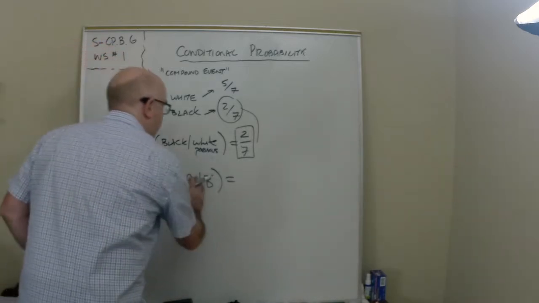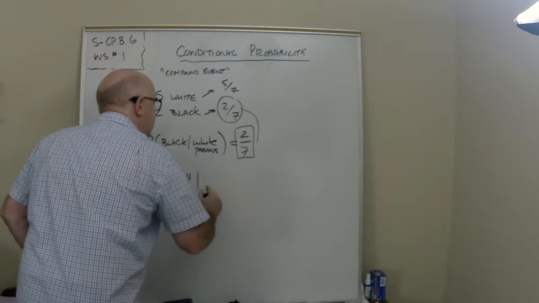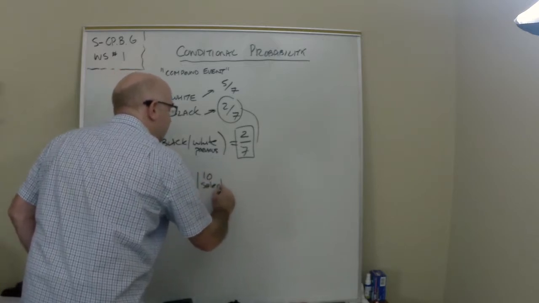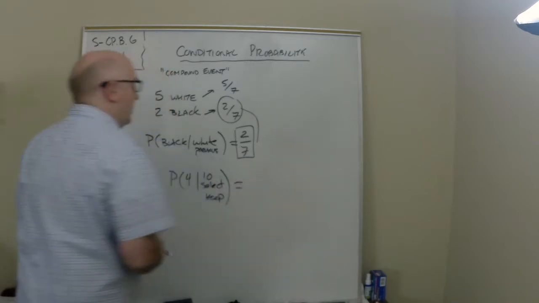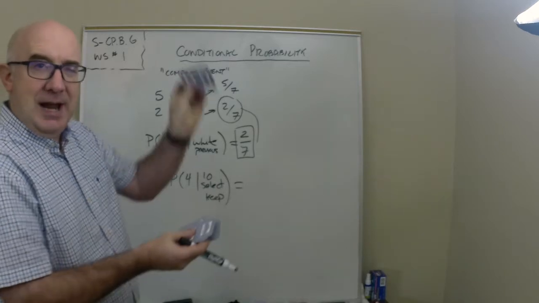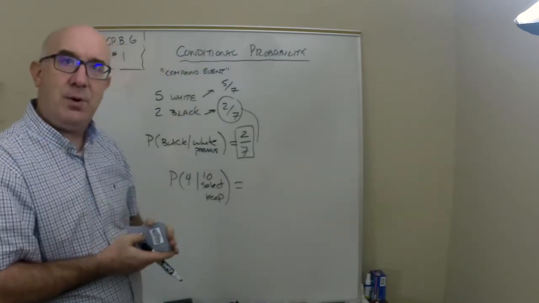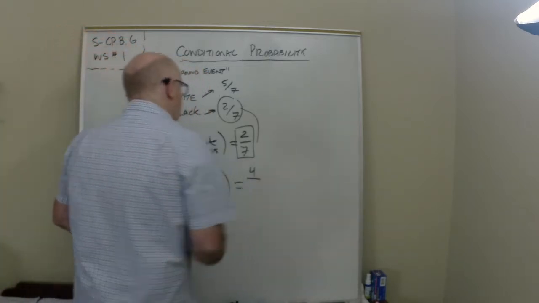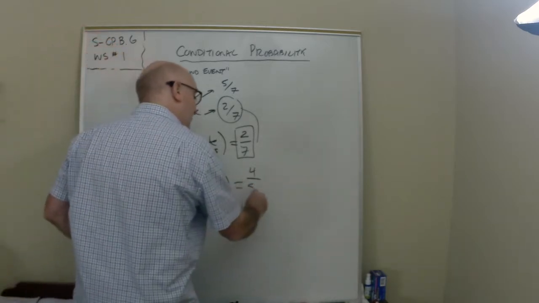And if I said, what's the chances of getting a 4 given that a 10 was selected and kept, not replaced. So a 10 came out of the deck, whoop, dropped it down. What's your chances of getting a 4? Well, let's see. There are 4 4s in the deck. But I took one of the 10s out and it's out of there, so it's out of 51.